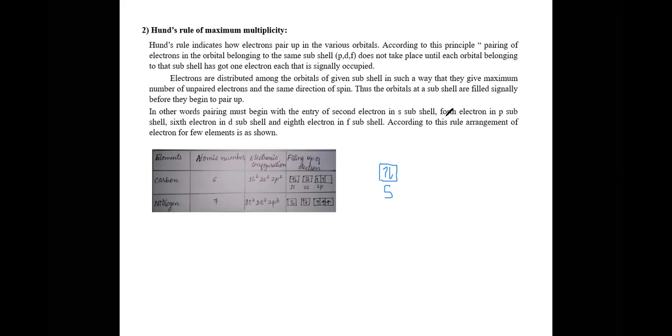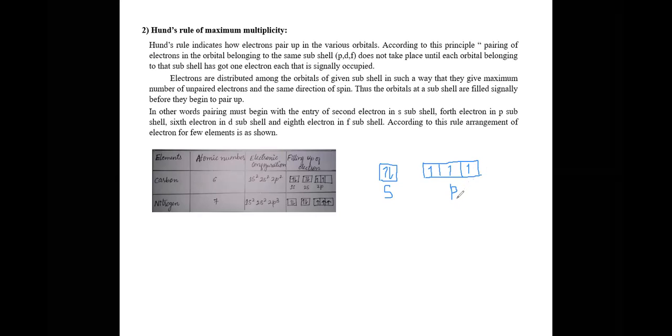Similarly, pairing in the p subshell starts with the fourth electron. We know that there are 3 orbitals in the p subshell. See here, we have 3 orbitals in the p subshell. When we fill the orbitals with electrons, we fill each orbital with one electron first.